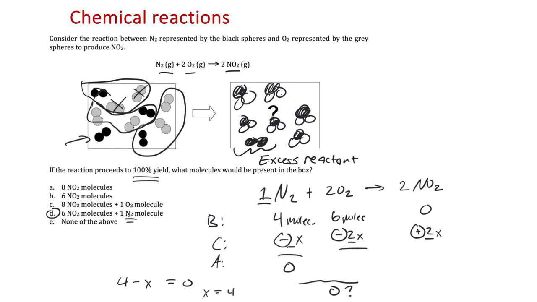Then if X is 4, 6 minus 2 times 4 would be negative 2. I can't have negative amounts. That would be impossible. So I can't produce 2 times 4, the 8 NO2s, because we've run out of one of the reactants.